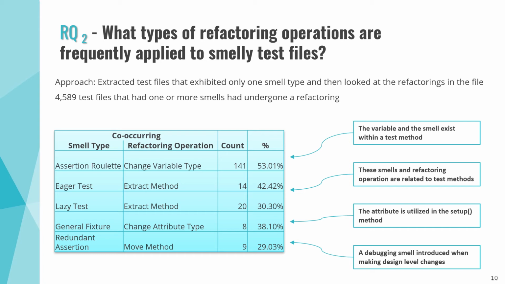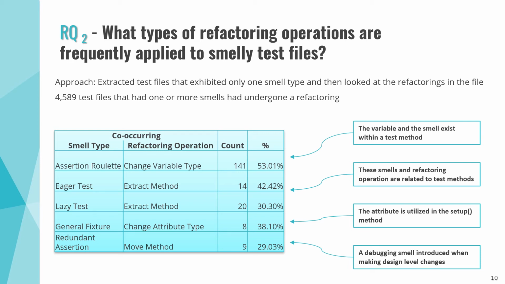We see a high co-occurrence between method-based refactorings and test smells. For example, extract method and the lazy eager test smell deal with methods. An outcome of this analysis is that developers should focus on test smells being exhibited by the methods they are refactoring.